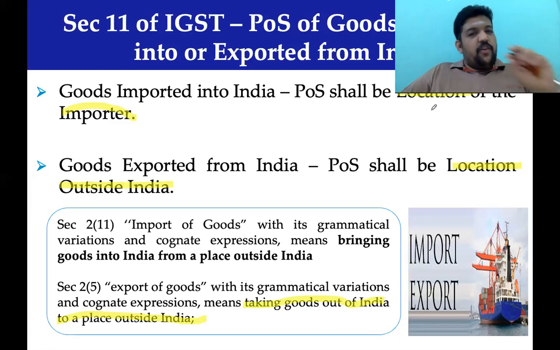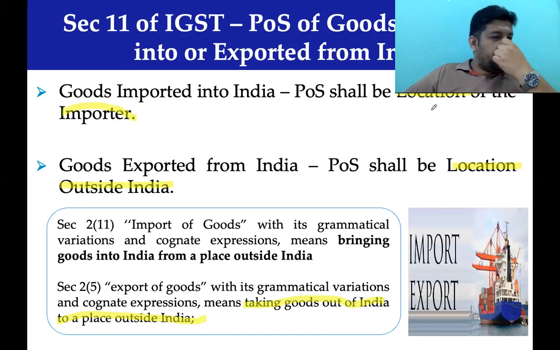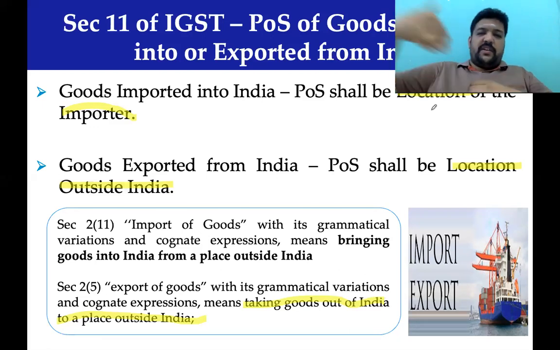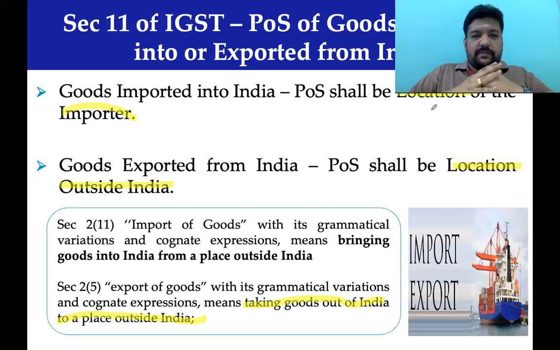But sometimes there will be import for personal consumption. Kindly understand, many times there are imports for personal consumption. Meaning, one company will import, and if they use it for a business purpose, then no doubt it is going to get carried forward.